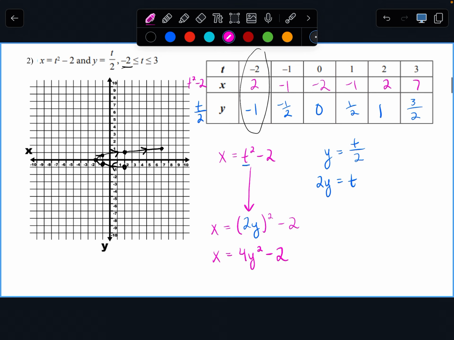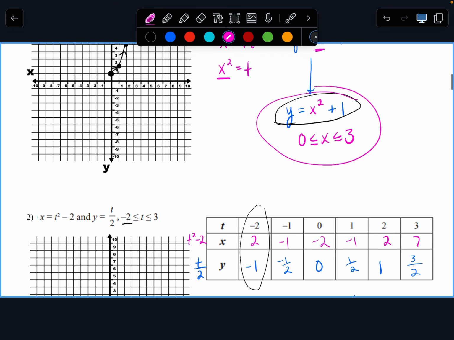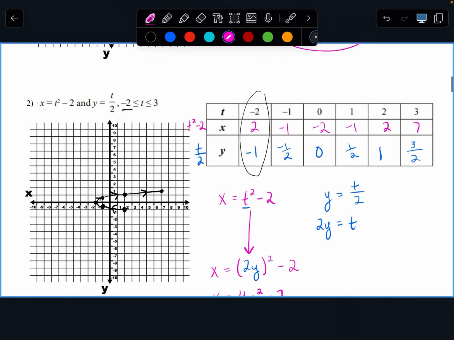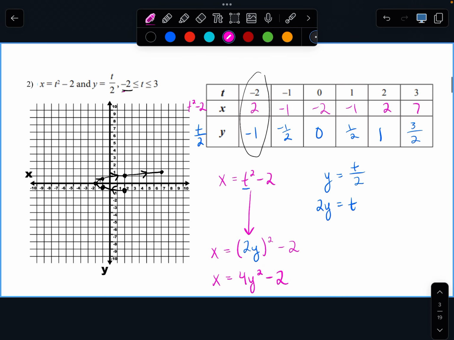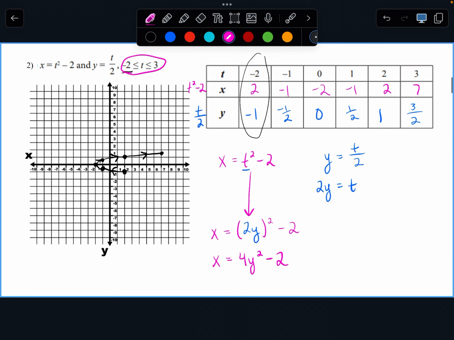Then if you're solving for x, your independent variable is now y. So you know how before we had x's, because x was the independent variable that I'm plugging in, and we wrote the domain as 0 to 3. This one, y is in the equation. So you should talk about, okay, here's my parameter on t. I don't want the whole sideways parabola. I only want when y is between -1 and 3/2.